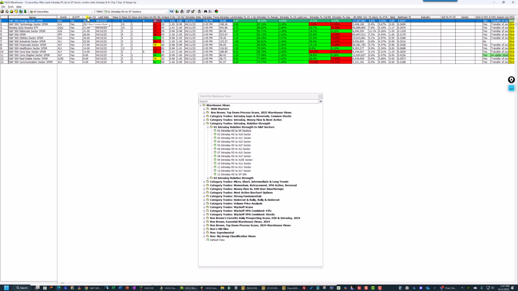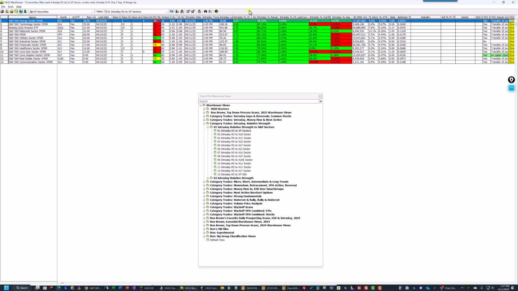I am sorted on raw combo here, and this shows me the relative strength of these sectors. When the market opened this morning, and most of the way through the morning, all of these were red, and now they're all green. And it's been that way.